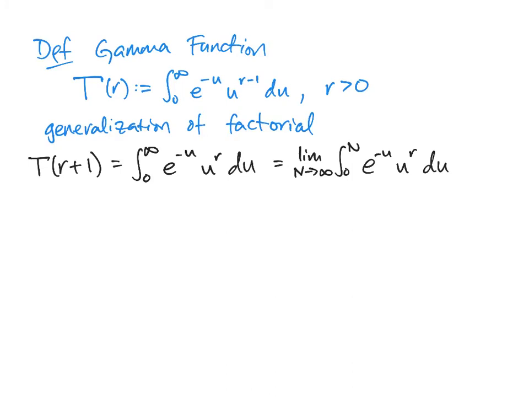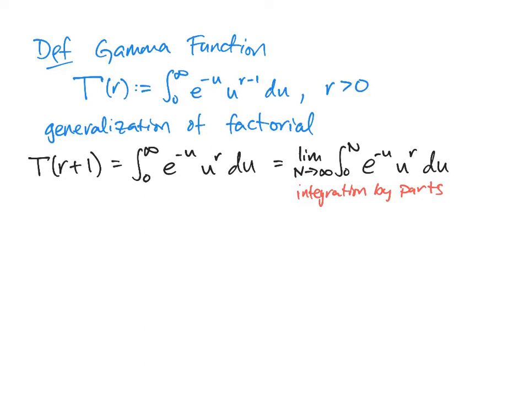Now this thing we can do integration by parts, because we want to relate this integral back to something that has to do with gamma of r. So we want an integral that has a u to the r minus 1 in it. So that gives us a clue about how to do integration by parts.